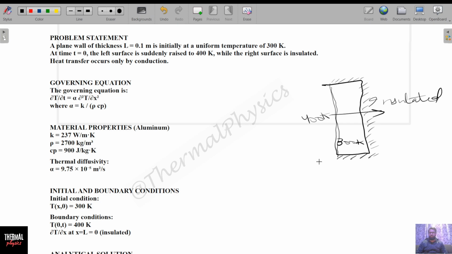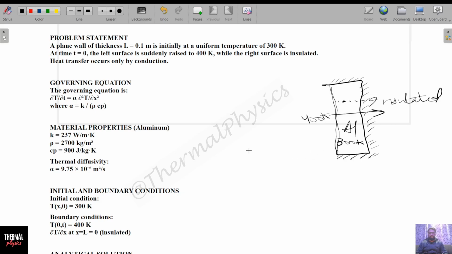Now we are going to solve this kind of problem, and the material is aluminium. We are going to see how temperature varies from point to point along the thickness, as well as how temperature is going to vary at a particular point with the time, hence transient heat study.